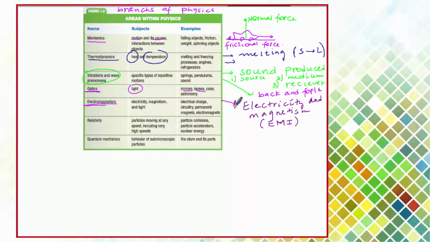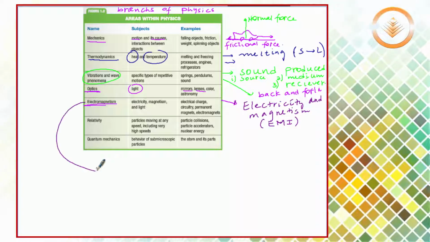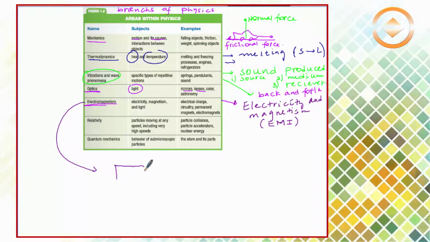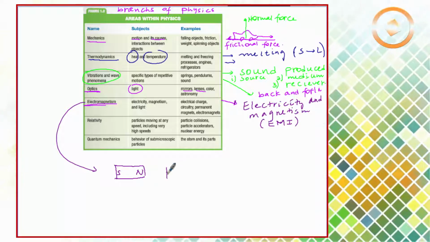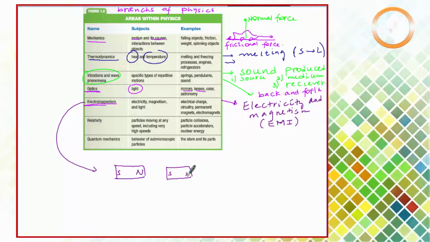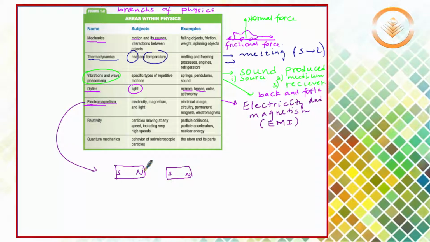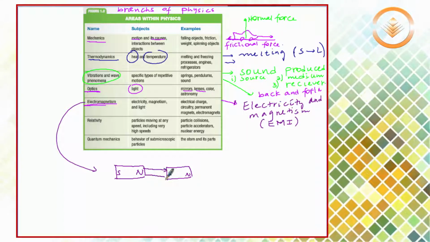So when you say flux, for example, if you have a magnet with two poles in another magnet, there are magnetic field lines which are directed from north pole towards south pole.